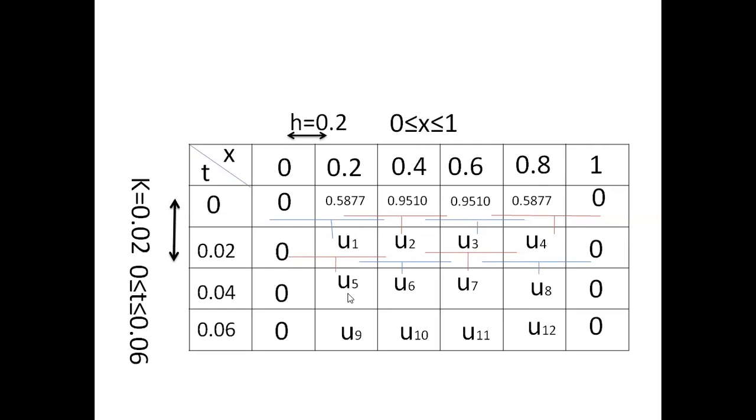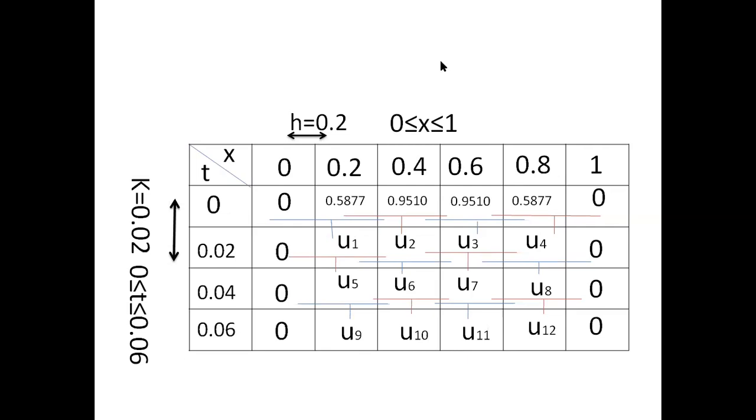Yes. Then we get the values of u5, u6, u7, u8. After getting these values, similarly we go for finding out the values of u9 to u12. Yes. So this is the PDE table. From that we have to find out the values of u1 to u12.